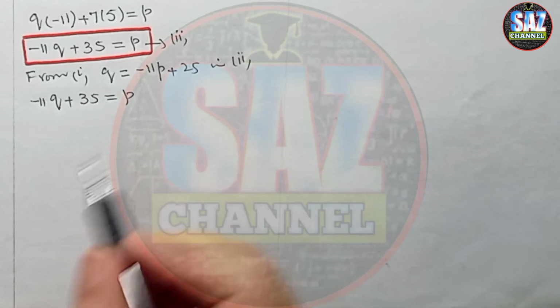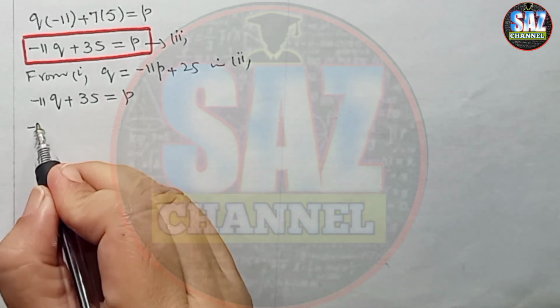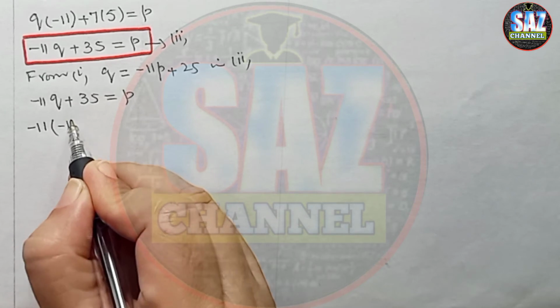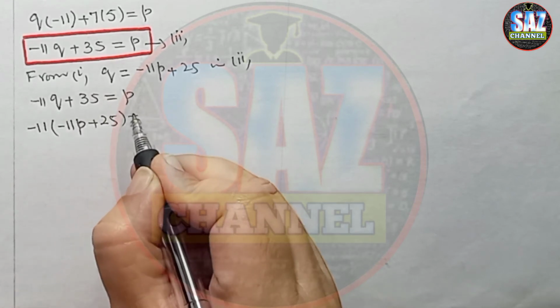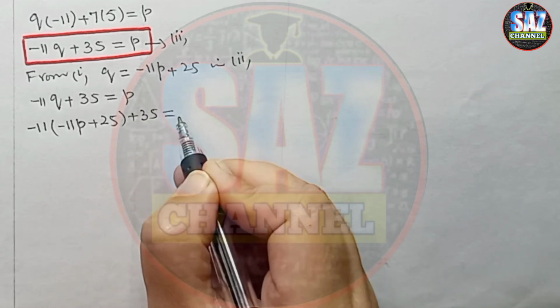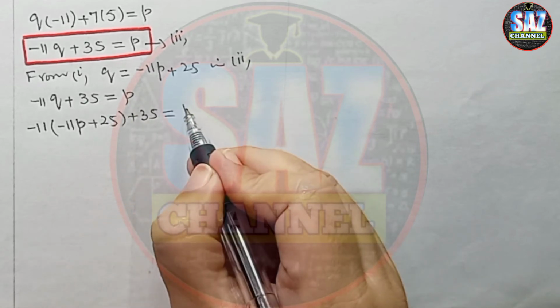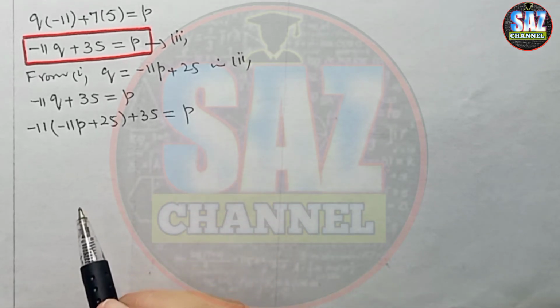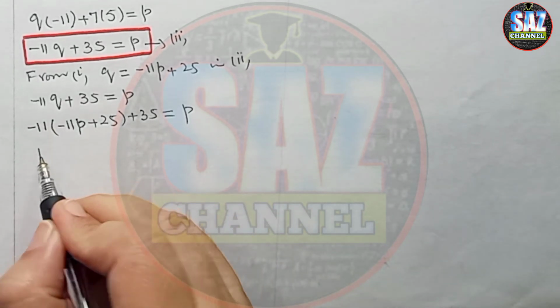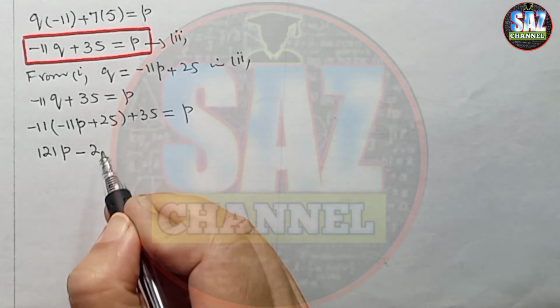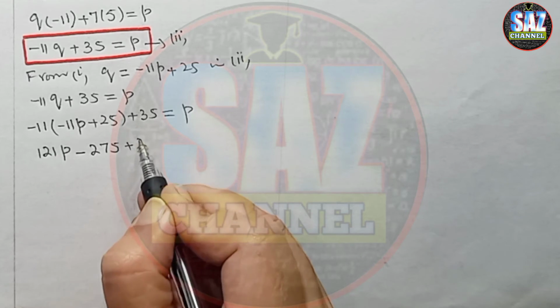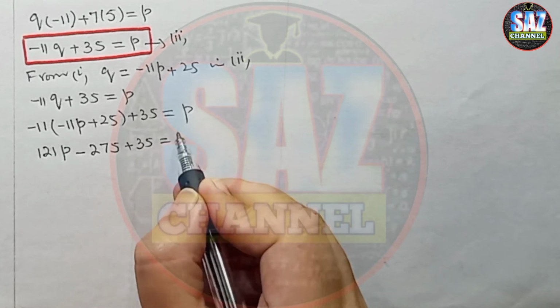Instead of q, replace minus 11p plus 25: minus 11 into minus 11p plus 25, plus 35 equals p. And now 11 elevens is 121p, and 11 multiplied by 25 will give me minus 275, plus 35 equals p.